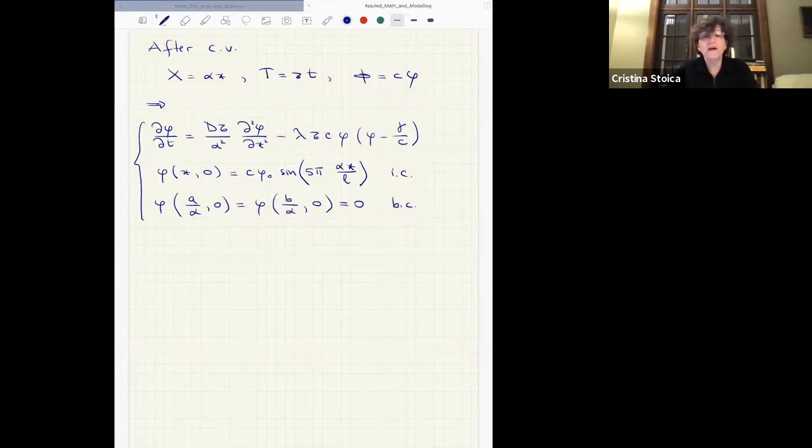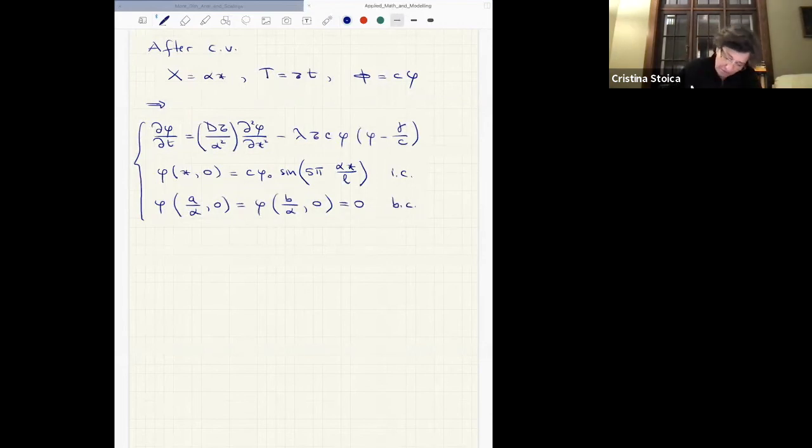While this model is adimensionalized, we have now the freedom to choose alpha, tau, and c. To choose them in such a way that we can simplify this PDE as much as possible, if possible, and the boundary conditions.